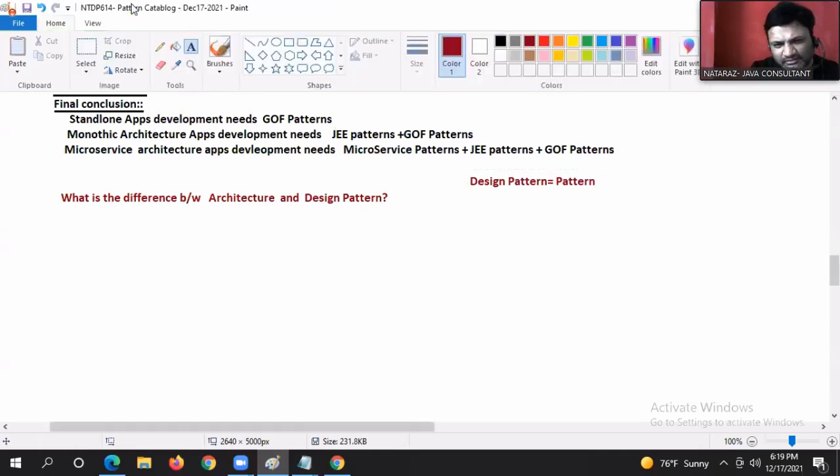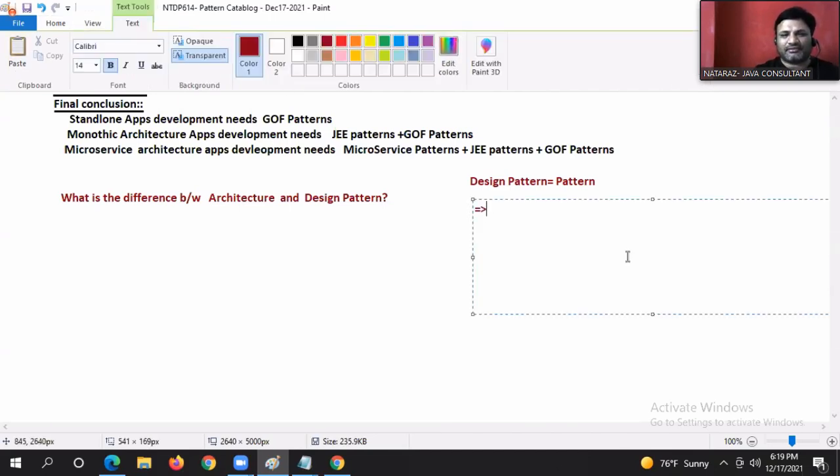Don't think much. It is designed to solve the reoccurring problem. That's why it is called design pattern. The reoccurring problem which is documented is called pattern.